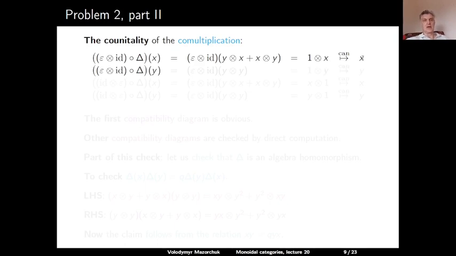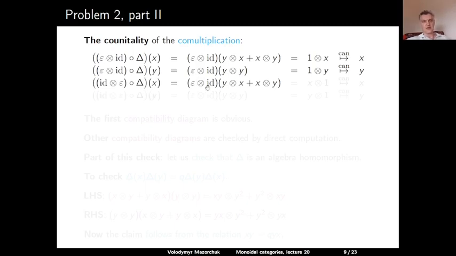That's good. Similarly for y, if we apply delta to y, we get y tensor y. And now we apply epsilon to the first component, so it becomes 1. And now again, if we multiply, we get y. So y is also sent to y. So we get the identity map, and this checks the first co-unitality. And the second co-unitality is similar.